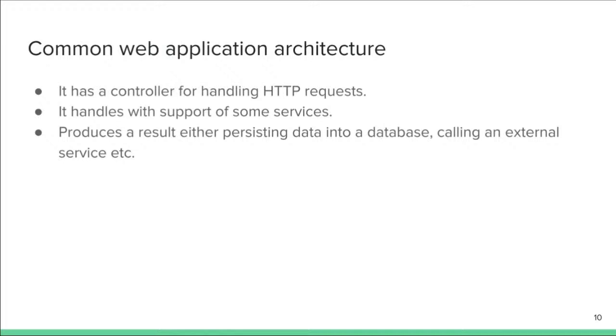In a common application, you have a controller for handling HTTP requests. You have some services, some classes, some modules that will help you to work on your business logic, and it will produce a result. It can be persisted to a database, calling an external provider.